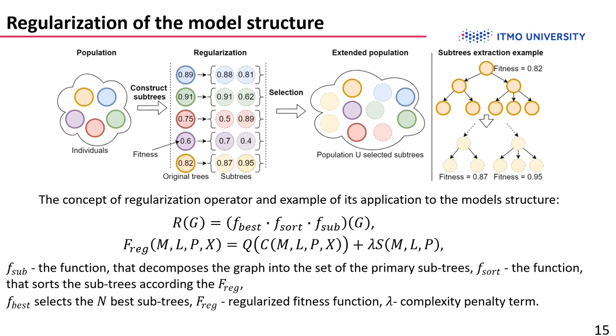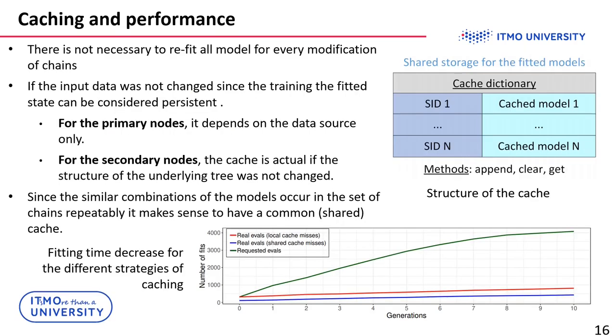So the regularization operator allows us to decompose the graph into a set of subtrees, evaluate them, sort by the objective function, and then add the best individuals into the population and remove the overcomplicated individual if the subpart of the graph obtained from this individual is better by the objective function.